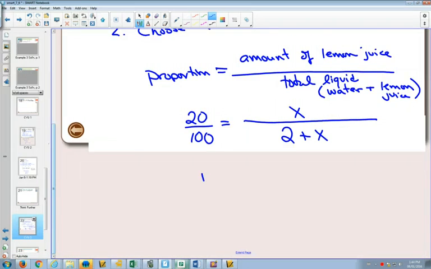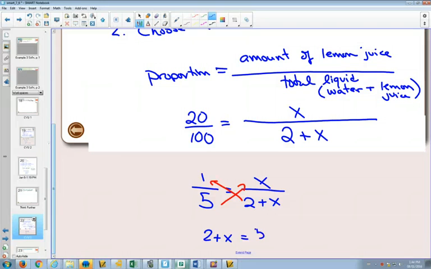If I reduce this fraction, that'll be 1 over 5. x over 2 plus x. Proportion questions often solve nicely with cross multiplying. You can get a common denominator as well, but if I do cross multiply here, I'm going to get 2 plus x equals 5x.